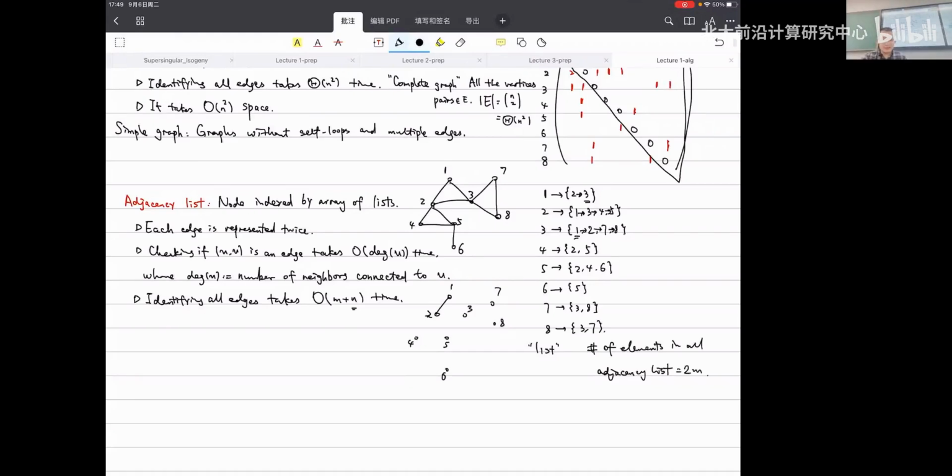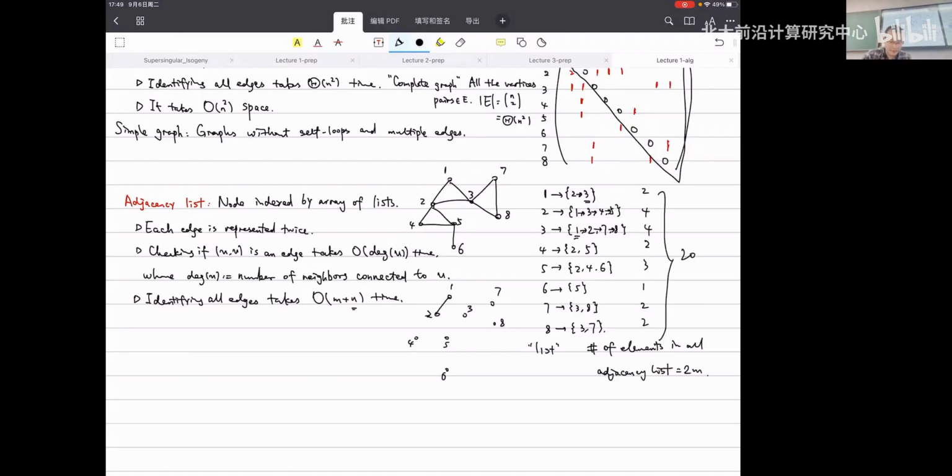Why is this the case? For instance, this graph has 10 edges, and the list sizes are 2, 4, 4, 2, 3, 1, 2, 2. You add them together: 6, 10, 12, 15, 16. You sum them up, and it equals 20.